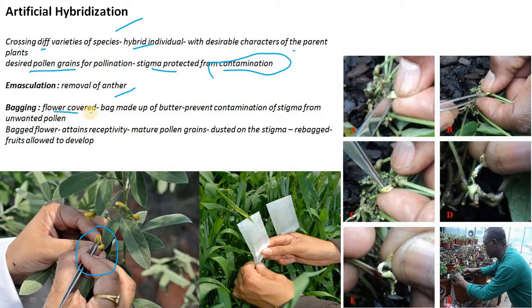Bagging is covering the flower with a bag made of butter paper to prevent contamination of the stigma by unwanted pollen. When the bagged flower attains receptivity, mature pollen grains are dusted on the stigma, the flower is rebagged, and the fruits are allowed to develop. Plastic bags or butter paper are used to prevent external pollination.